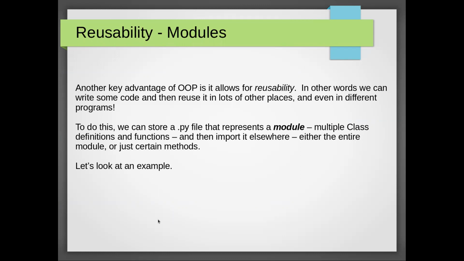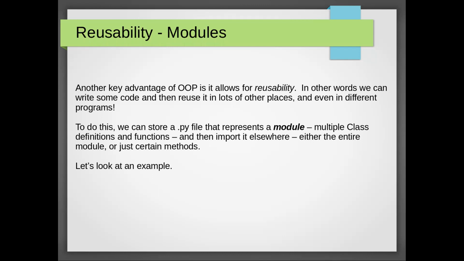Another really key advantage of object-oriented programming, and one of the main reasons you want to use it, is because it makes things reusable. So that means that we can write some code, and then we can use it in other places, and even different programs entirely. So what we can do, we can store a .py file. So we can save a piece of Python code that represents what's known as a module.